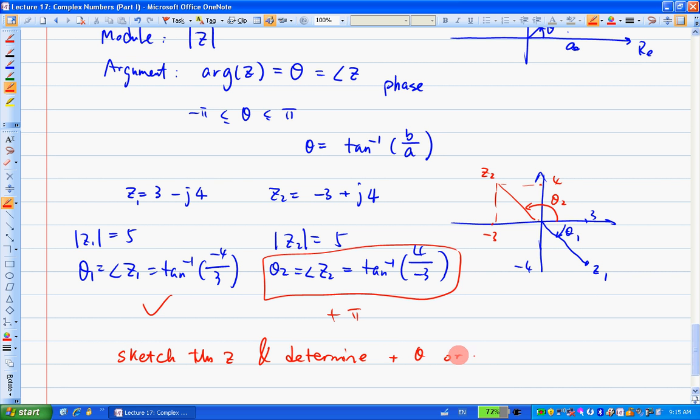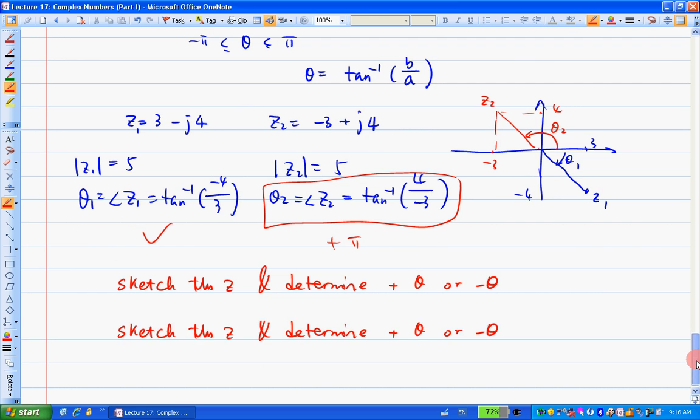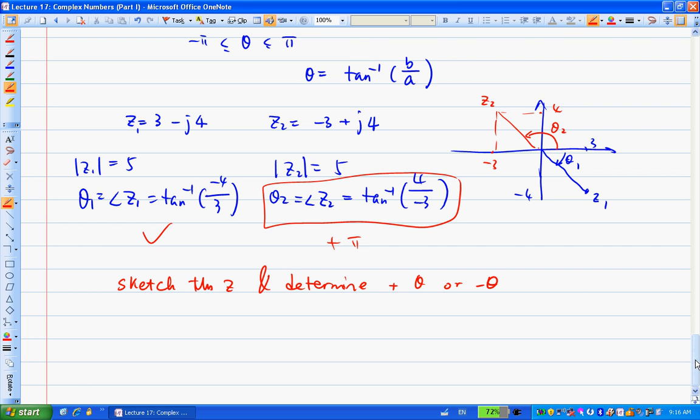The bottom line is, don't just trust the calculator. The calculator gives you results, but not necessarily the results you're looking for. Any questions? Okay, I'm going to stop here, and we have some more left on complex numbers.